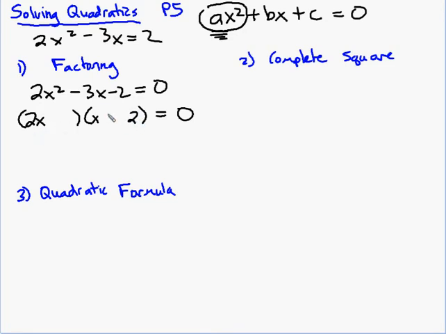So we're going to have a 2 here and a 1 here, negative, positive, and our quick check, x. Negative 4x gives me my negative 3x. So that's good. So we'll take that away, get that out of the way.